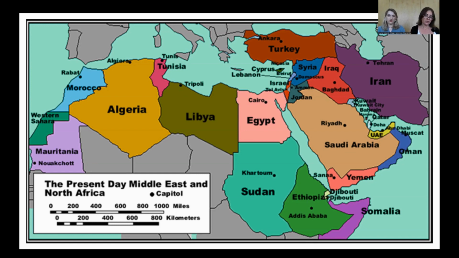There are about 313 million Arabic speakers in the world. Arabic is the 5th most spoken language worldwide, following Mandarin, Spanish, English, and Hindi.